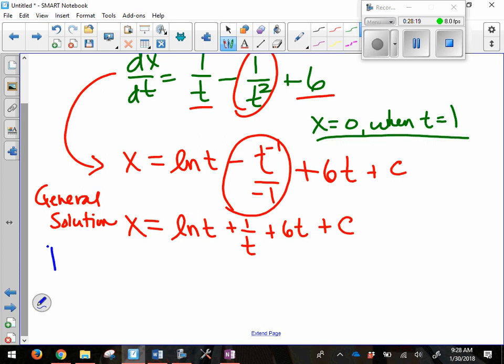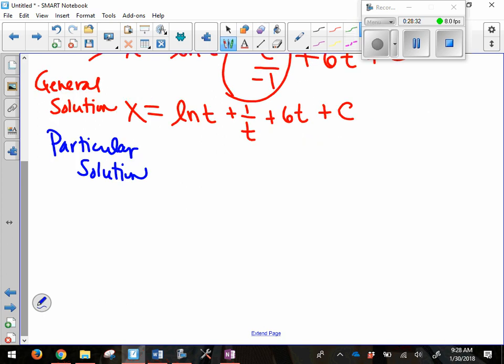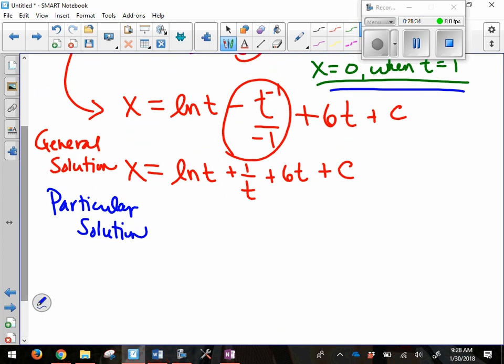And now we're going to find the particular solution by substituting in for our point. So it tells me that x is equal to 0 when t is equal to 1. So I just go through and I substitute in 1 everywhere that there's a t.